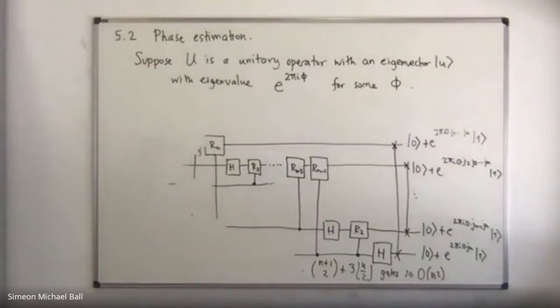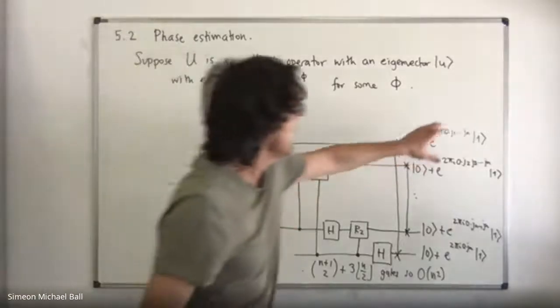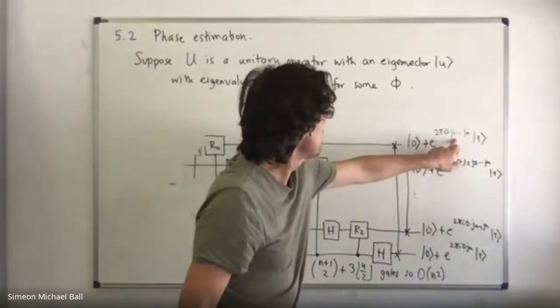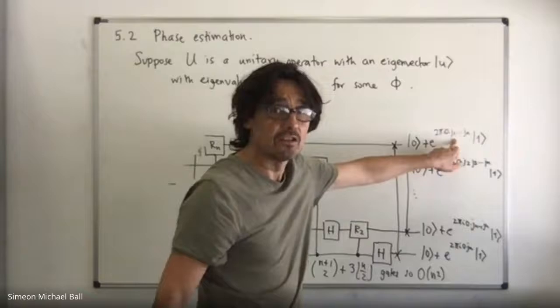So our idea will be at the end to apply the inverse Fourier transform and go back from here and try and get our j's.